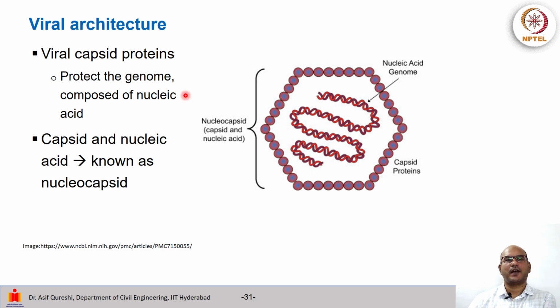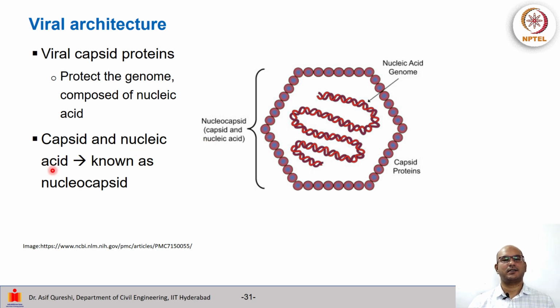If we look at the viral architecture, we have the nucleic acid genome, which is surrounded by the capsid proteins. The nucleocapsid is the capsid and the nucleic acid. So viral capsid proteins protect the genome.